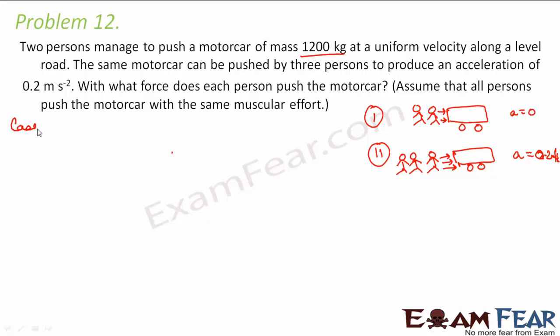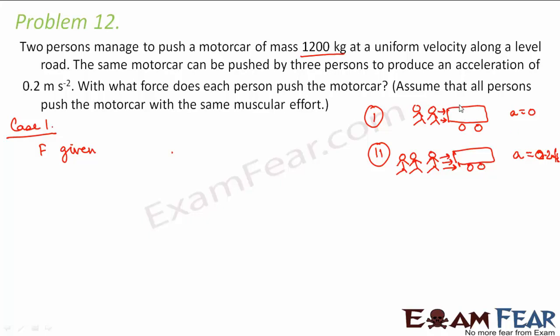So let us first consider case 1. In the first case, what happens? Here, the force given by 2 people. Since the net acceleration is 0, what does that mean? The net force acting on this motor car is equal to 0. That's what we studied. From Newton's second law, we know that if acceleration is 0, the net force has to be 0.